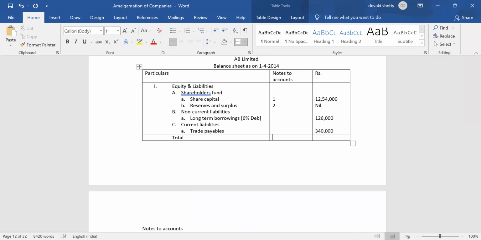Then we get the total, and this is assets.